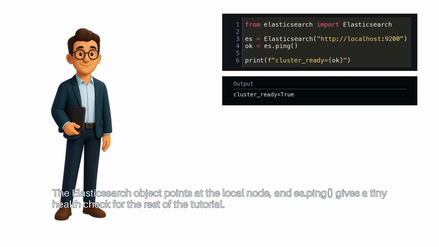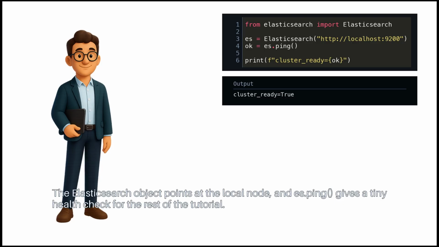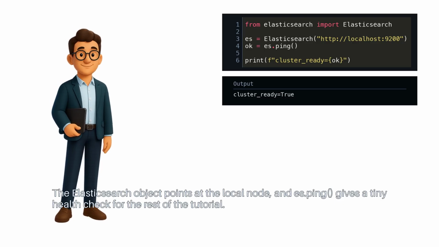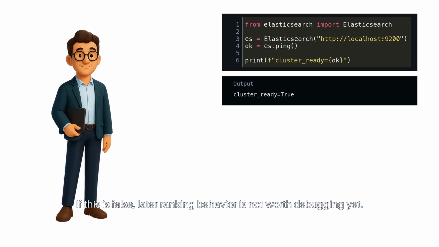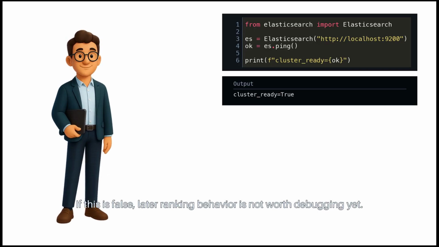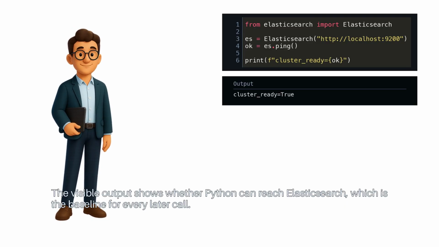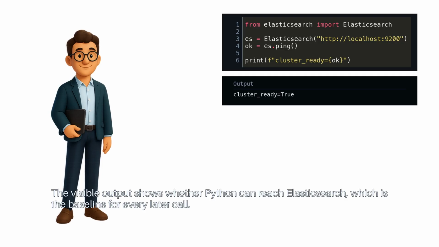The Elasticsearch object points at the local node, and ES ping gives a tiny health check for the rest of the tutorial. If this is false, later ranking behavior is not worth debugging yet. The visible output shows whether Python can reach Elasticsearch, which is the baseline for every later call.